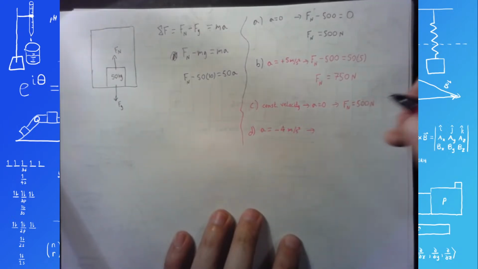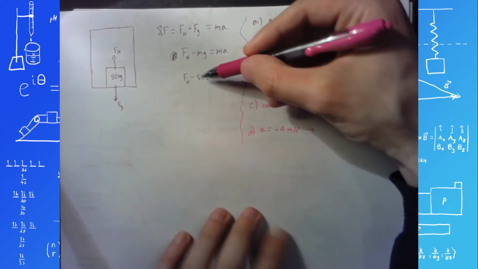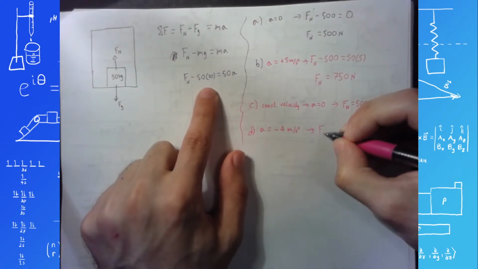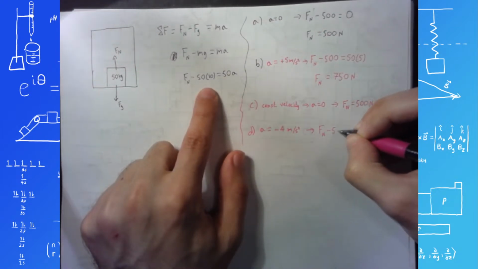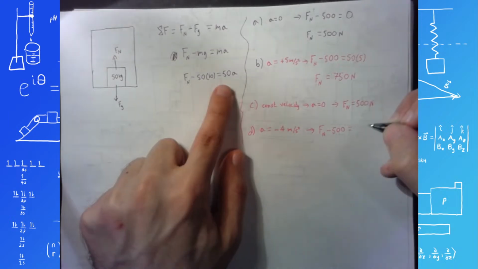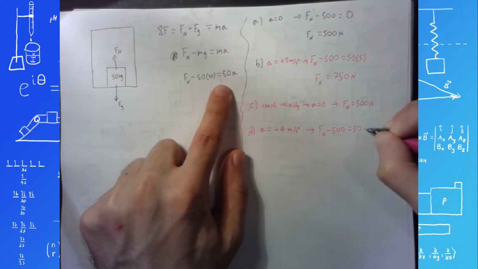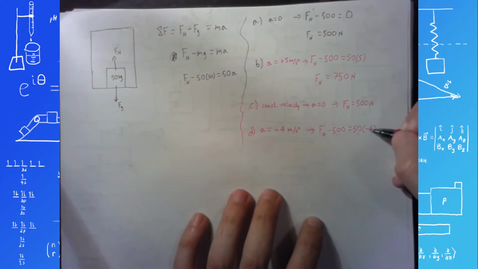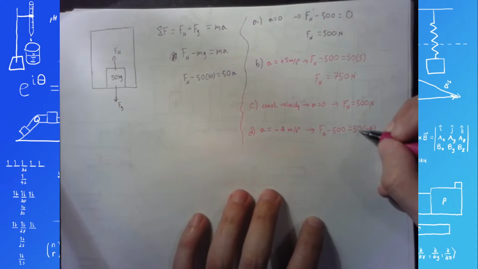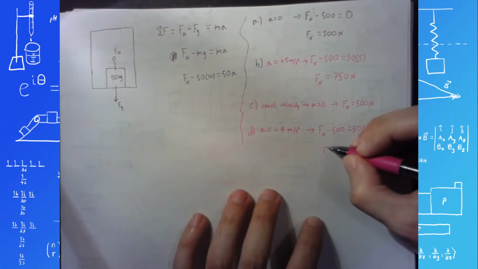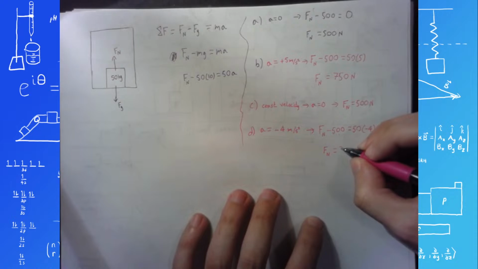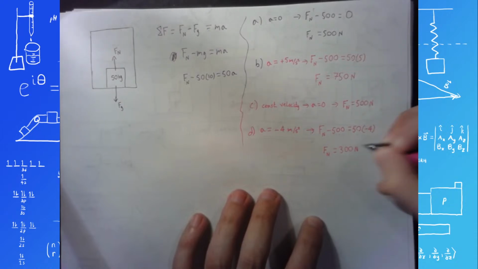And that will give me normal force minus 500 equals the mass, 50, times the acceleration, -4. And that's going to be -200. Add 500 to both sides, and you get normal force equals -200 plus 500 is positive 300 newtons.